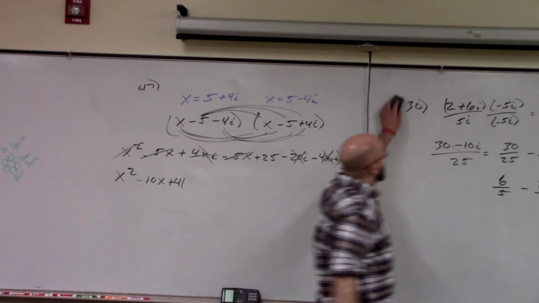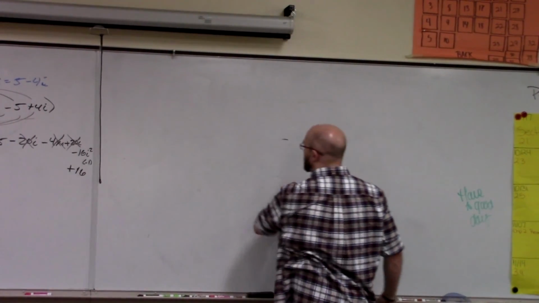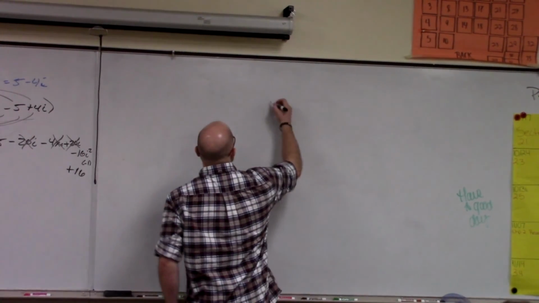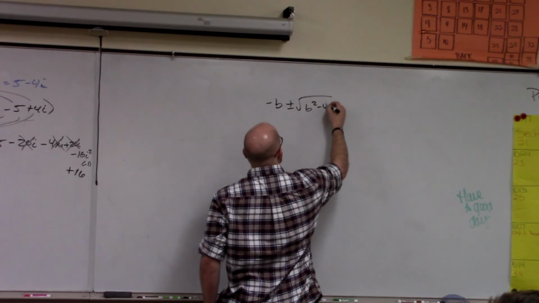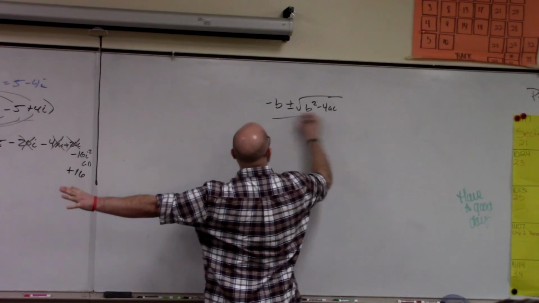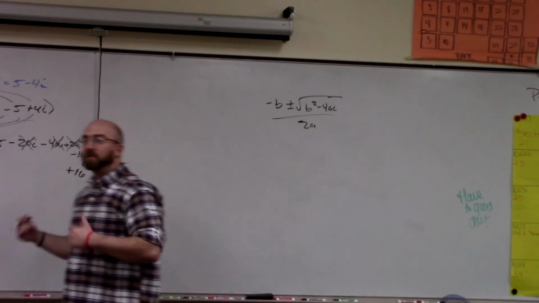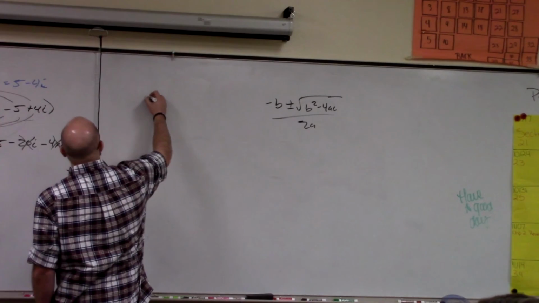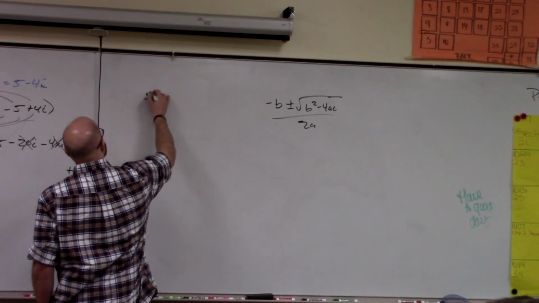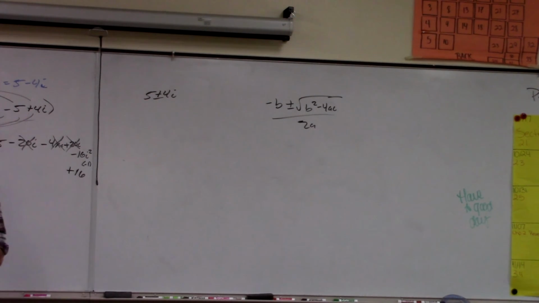Now the other way to do it can be difficult because it involves the quadratic formula and how much you actually think about it. If you understand that way, you stick with that way. If you don't understand this way, you do it this way. Okay? You have to go backwards. We have 5 plus or minus 4i as a solution.